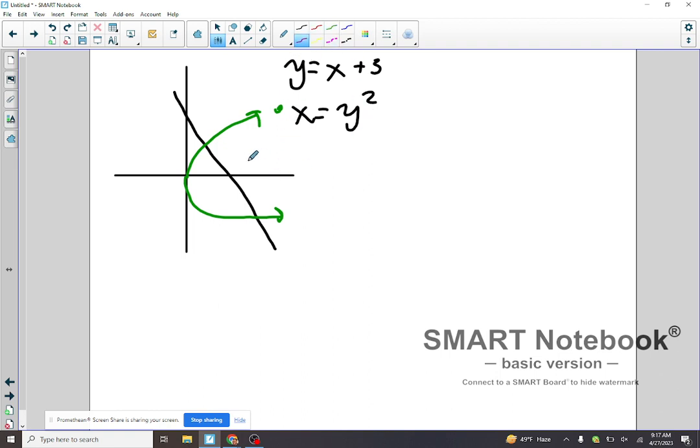We want the area in between two curves, but in this scenario, it'll be more efficient for us to do it from the y values. So we're going to derive it from the y values, which means we need our equations to equal x. This one already equals x, so that's good. This one does not equal x, so we convert it to equaling x, which means it's going to be y minus 3 equals x.